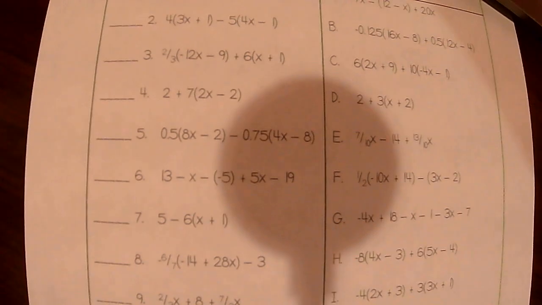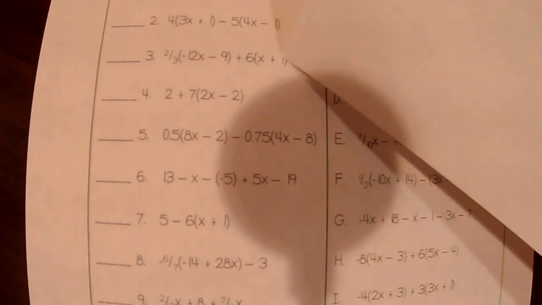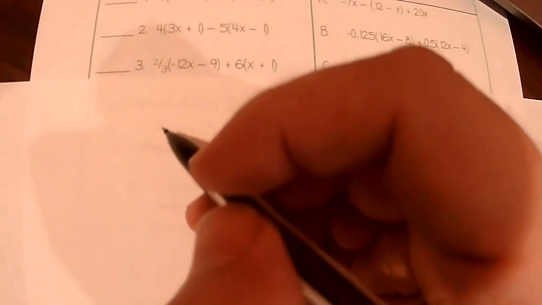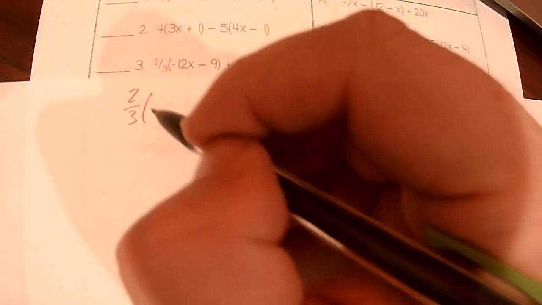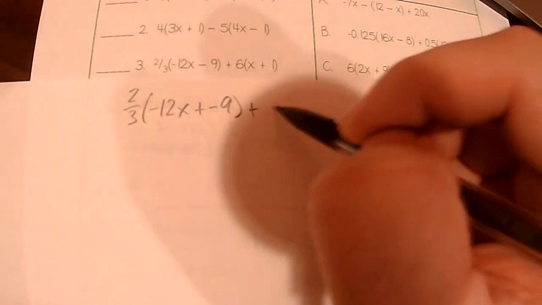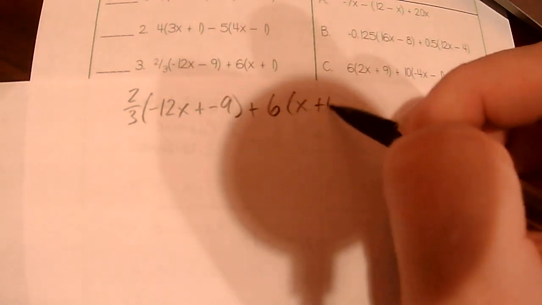Okay. Let's look at number 3 next. Number 3, we have 2/3 times negative 12x plus negative 9 plus 6 times x plus 1.